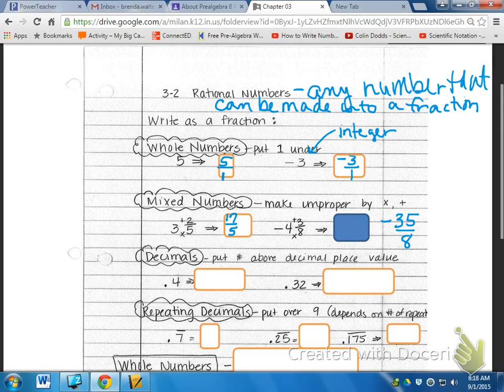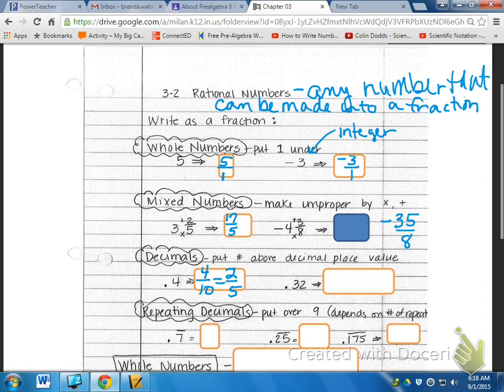Without saying the word over. 4 out of 10. Instead of saying out of, it's 4 tenths. So when you see a decimal, however you read it formally, that's how you write it. So 0.4 is 4 tenths, and she was correct in saying you should go ahead and reduce that to 2/5.